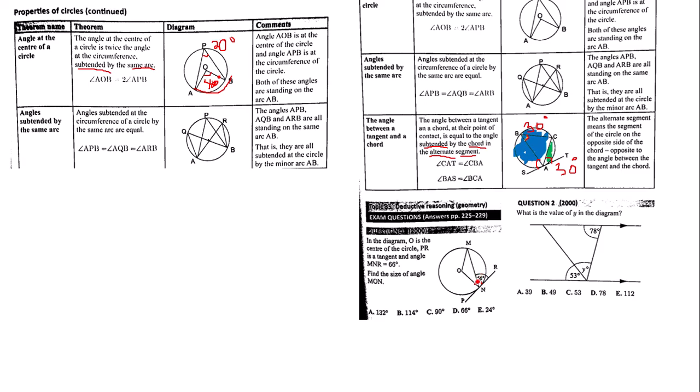Now if part of it is 66, then this other part, which is inside the triangle, is 90 minus 66, which gives us 24. Okay, so this angle right here is 24, which is inside the triangle.